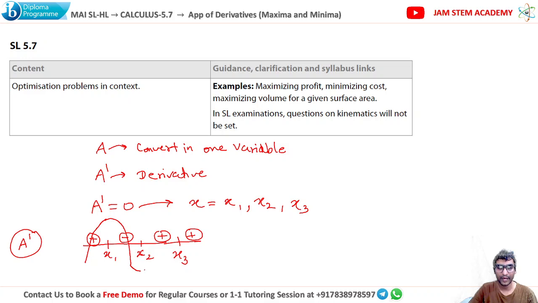And from x2, it again starts to increase. And after coming at x3, again it keeps increasing. So we can say x3 will be the point of inflection, x2 is the point of local minima, and x1 will be the point of local maxima. So I will use this thing to calculate the point of maxima, minima, or point of inflections.